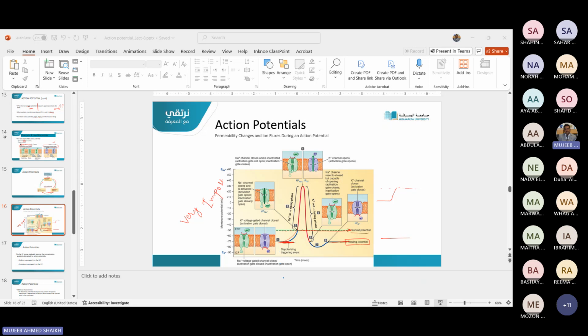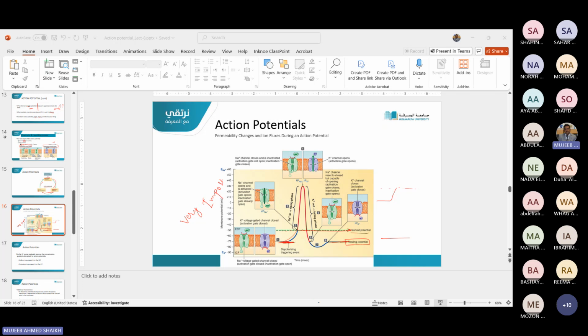It reaches the threshold, but it will go more negative. Not only minus 90, it is becoming minus 100 maybe. Why? Because these potassium channels which open, they close very slowly. And that's why more potassium will be lost.